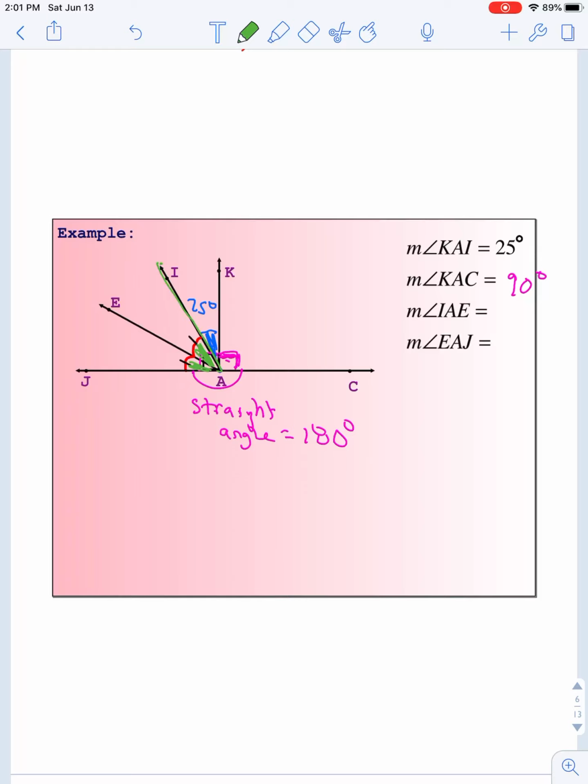So we know that this whole angle right here has to be 90 minus 25, which is 75 degrees. So if those two angles are congruent, then you have to divide that by 2 and you're going to get 32.5 degrees. So that's 32.5 for each of those. Not only IAE, but also EAJ.